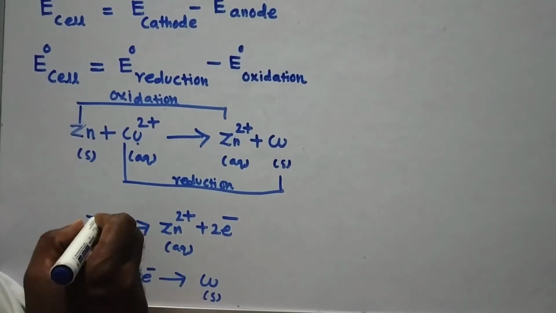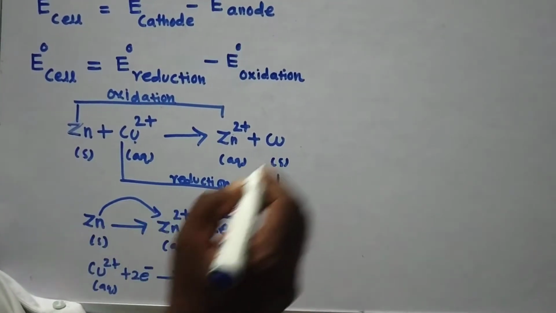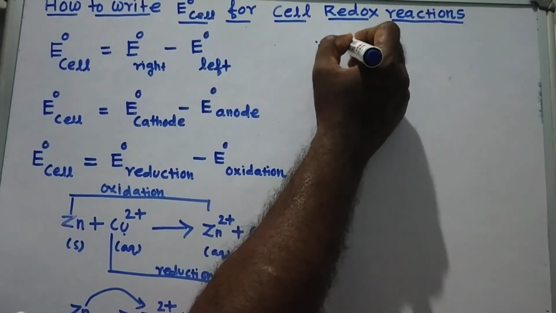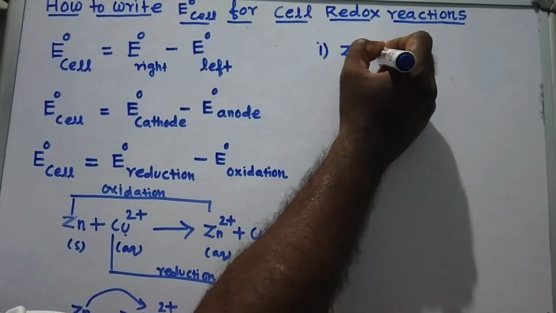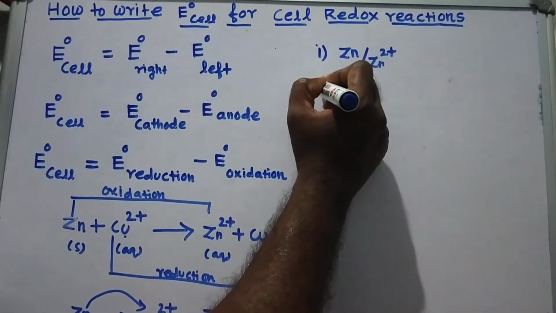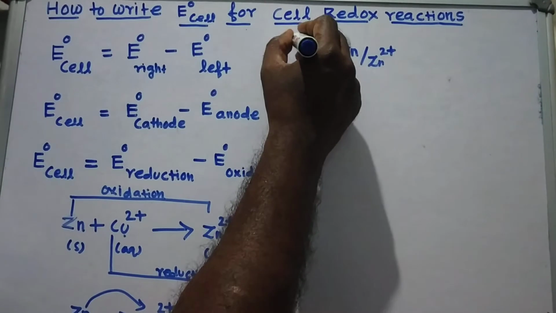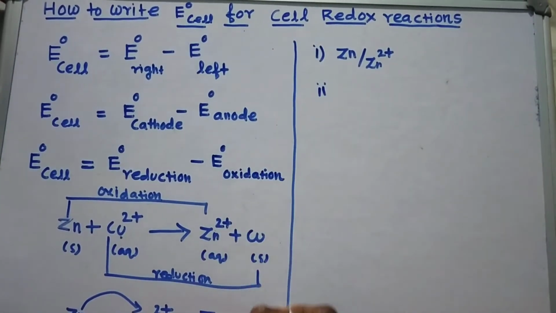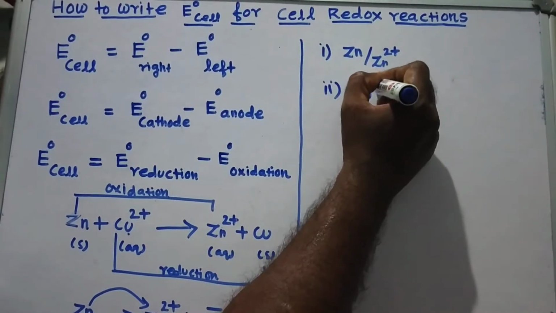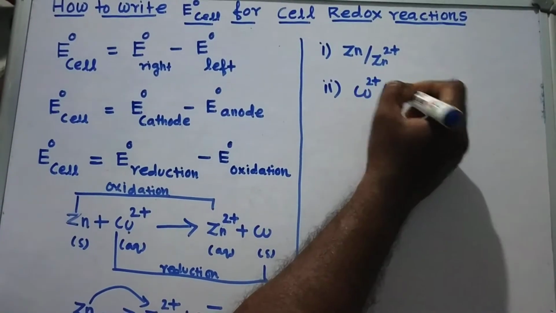So it's well known that in the first case, zinc becomes Zn2 plus. In the second case, copper 2 plus becomes Cu.